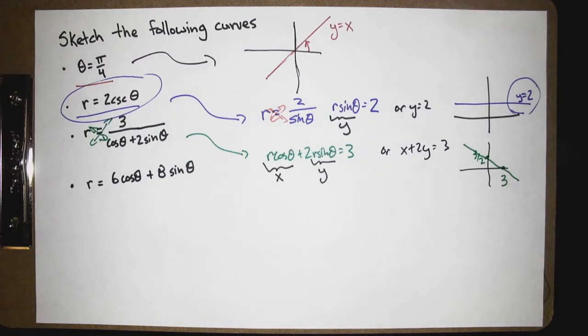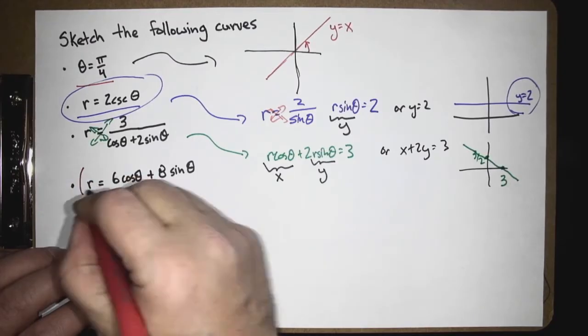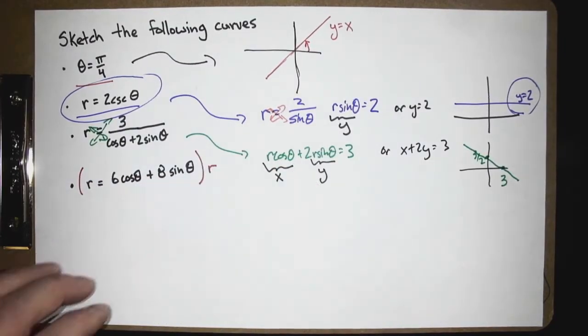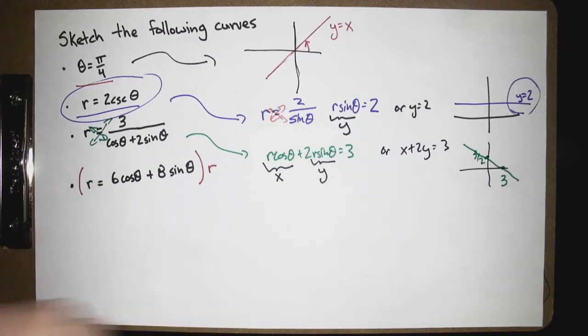So how do we get r's? If we want r's there, we put them there. And how do we put them there? Everything gets an r. You get an r. You get an r. Every single term gets an r.